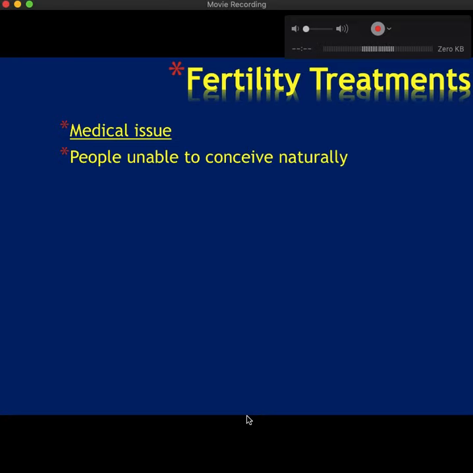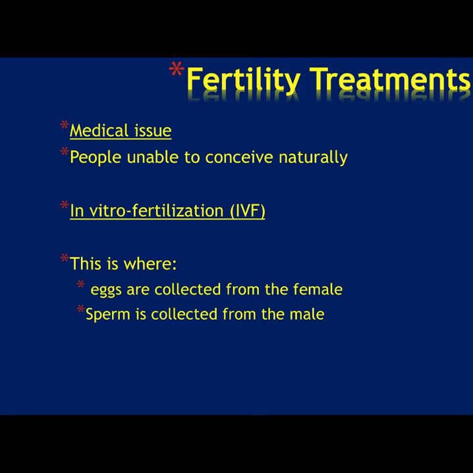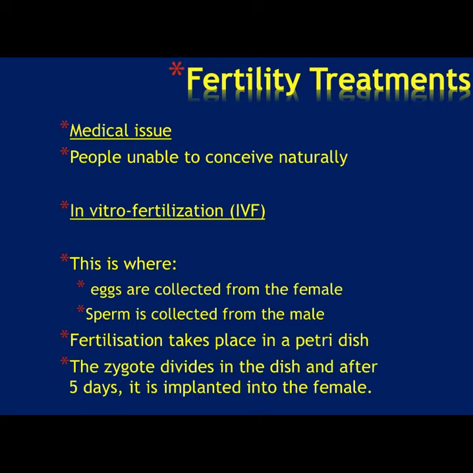Okay, so the issue would be that people are unable to conceive naturally, so they consider in vitro fertilization. And here your eggs are collected from your female, the sperm would be collected from the male, and fertilization would take place in your petri dish. So the zygotes that are made will be allowed to divide, and after 5 days they'd be implanted directly into the female uterus.